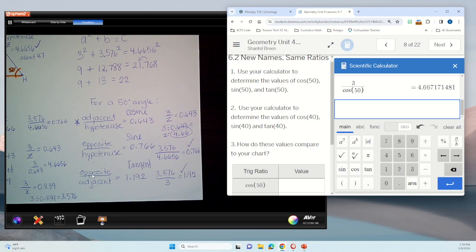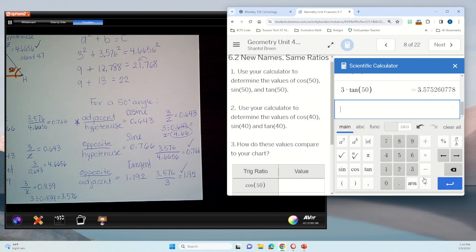So this is an example of x divided by 3 equals 1.92. So we can multiply here 3 times 1.92, the tangent of 50. All right, let's see what happens. 3 times the tangent of 50. 3.576. See that? And that's what we got. So now we know all three of the numbers.